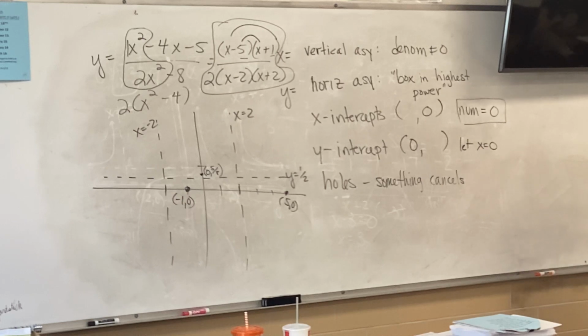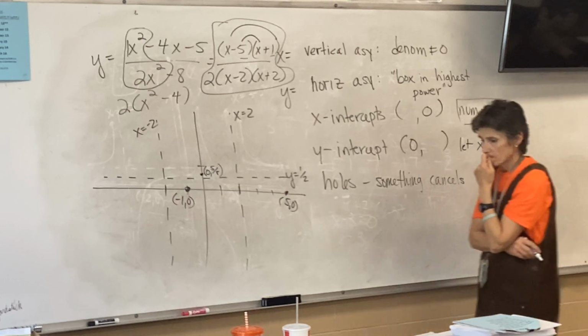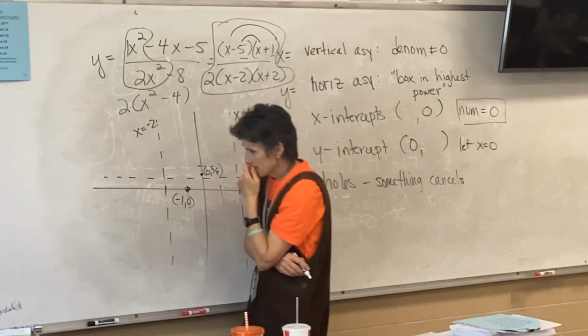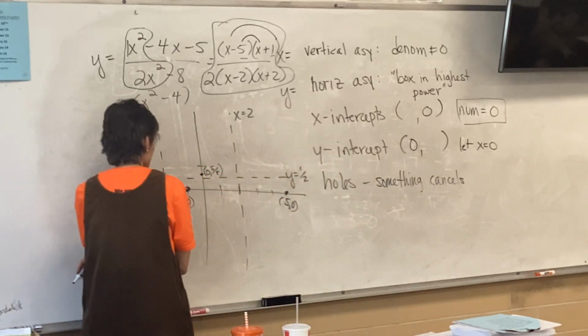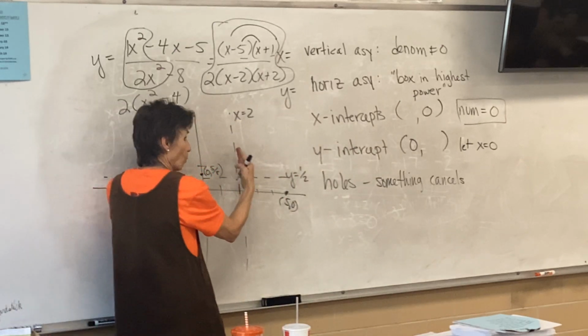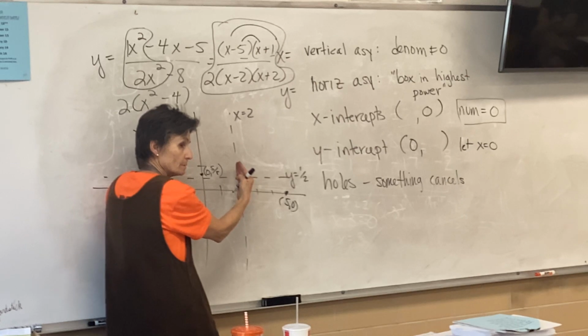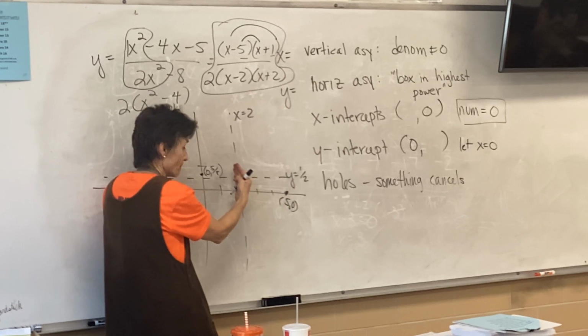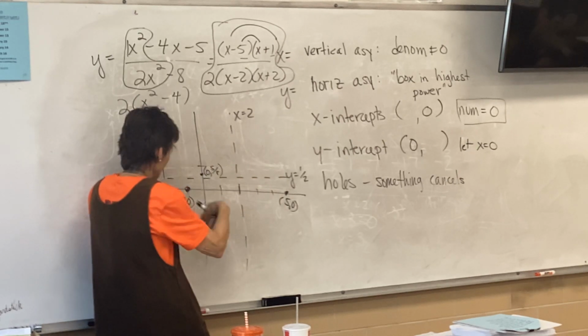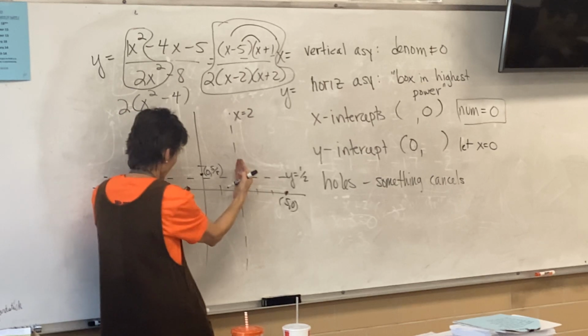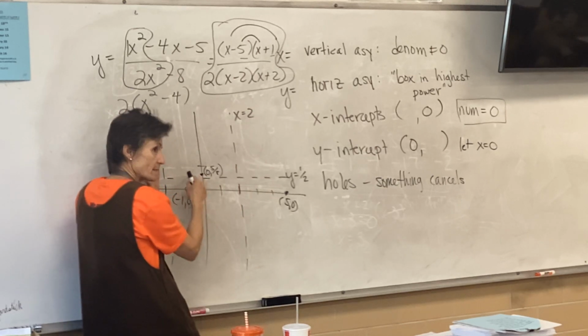Remember, you can't cross a vertical asymptote. So these are like walls, brick walls. Can't pass them, can't cross them. So in the middle here, in between these two walls, I have these 2 points.